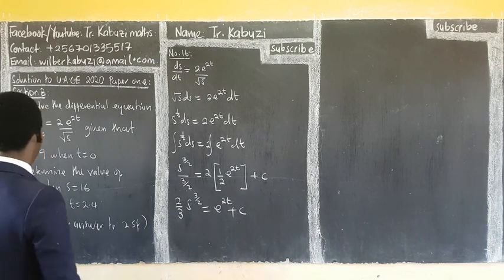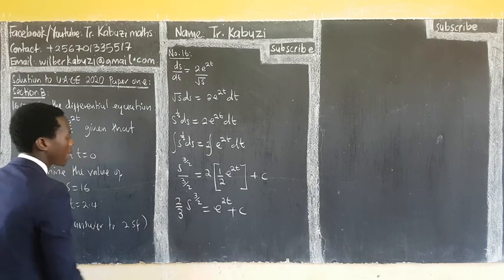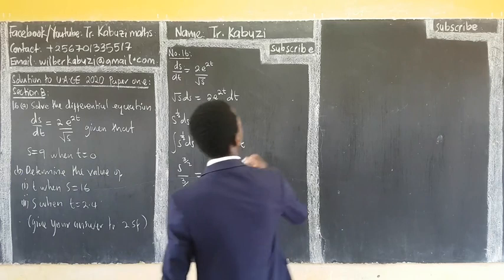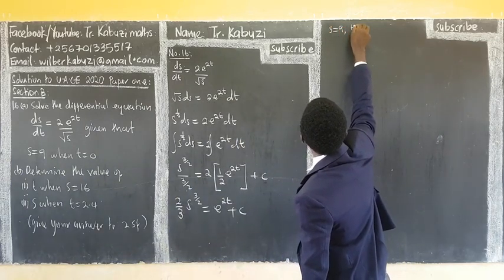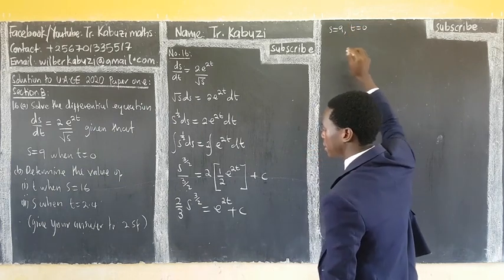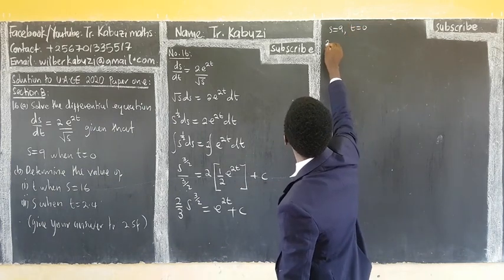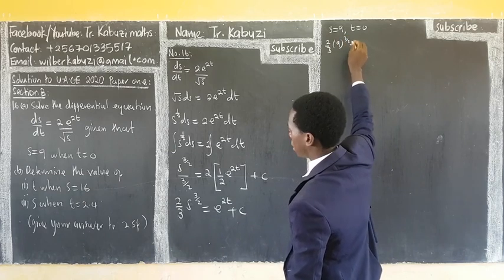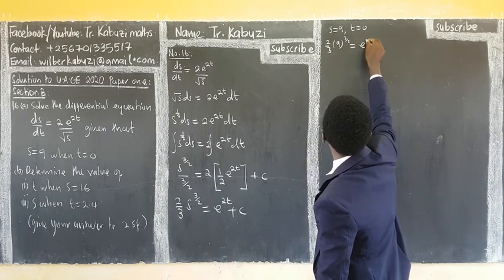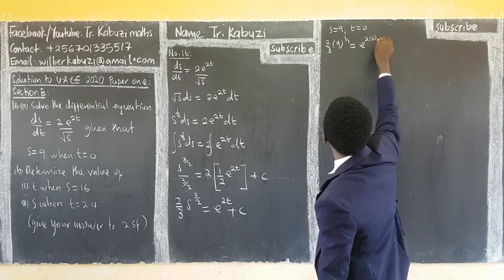Then they are giving you conditions. So they're telling us that when s is equal to 9, t is equal to 0. So when you put them here, you have 2 over 3 into 9 power 3 over 2 equaling 2 e to the 0, then plus c.